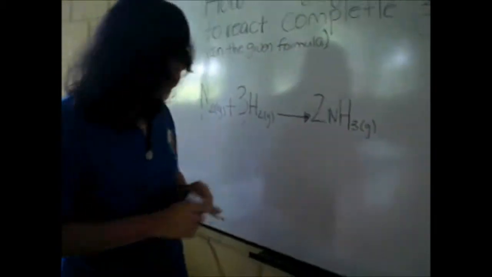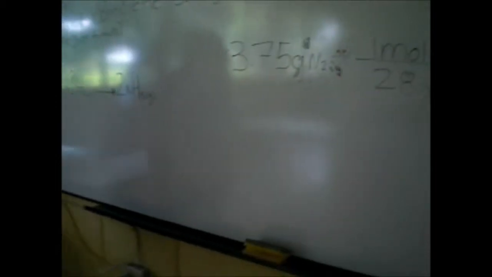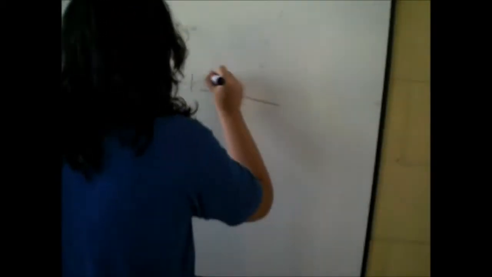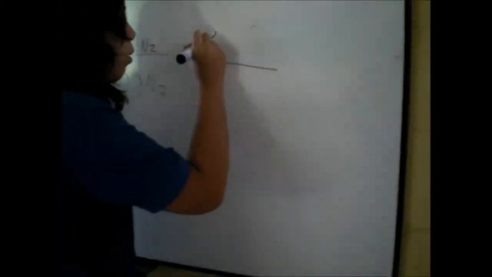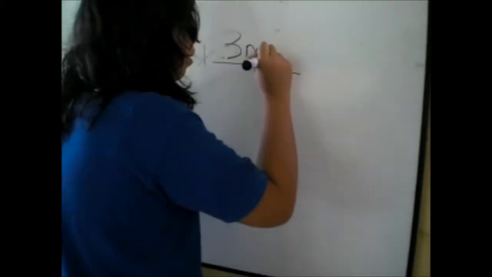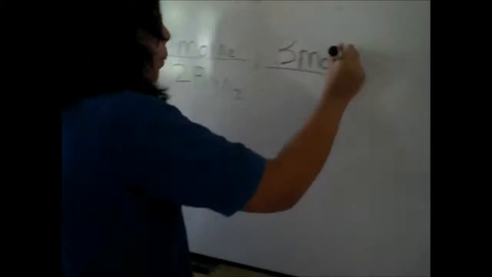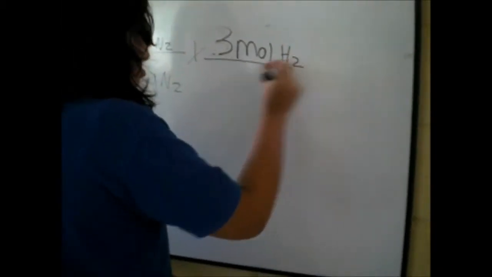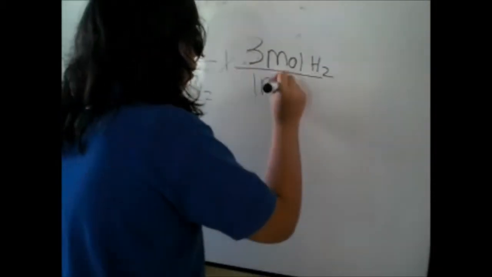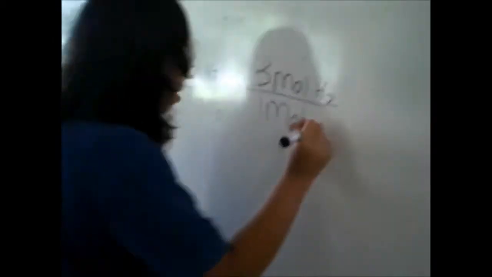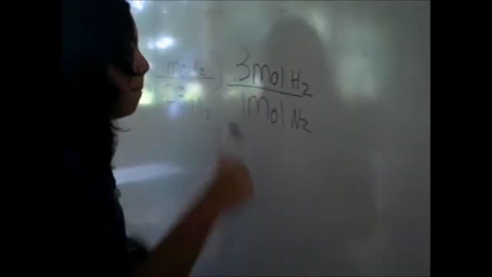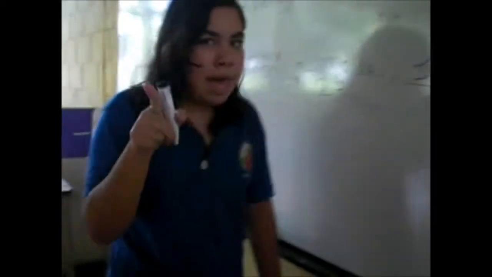So you need to put this number. So we put 3 moles of H2, and 1 mole of N2. But why in this order, you may ask, right?